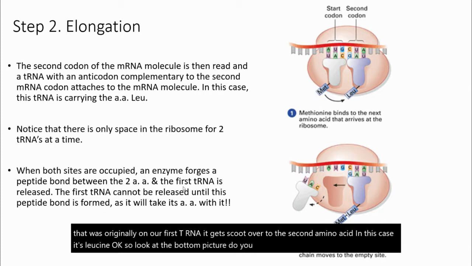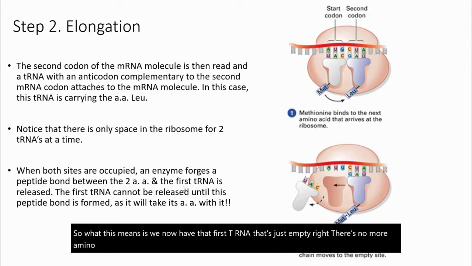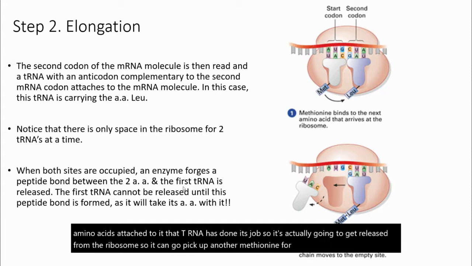Do you see how that second tRNA now has both amino acids attached to it? So what this means is we now have that first tRNA that's just empty, right? There's no more amino acids attached to it. That tRNA has done its job. So it's actually going to get released from the ribosome so it can go pick up another methionine for whenever another methionine is needed, okay?